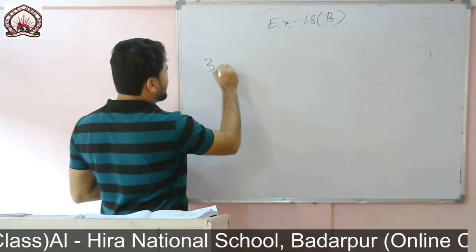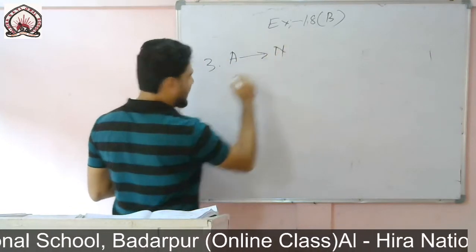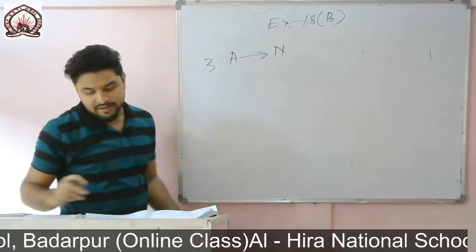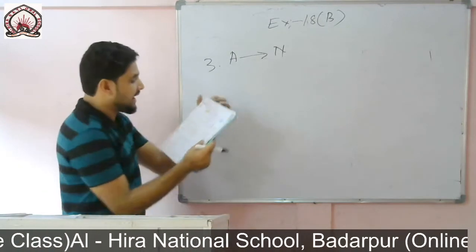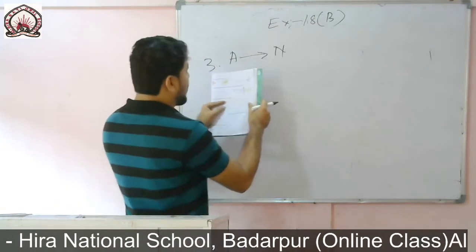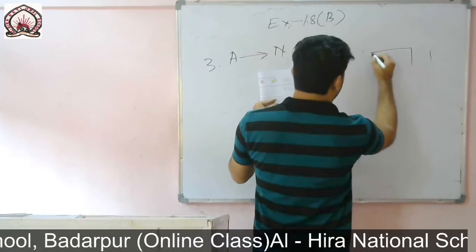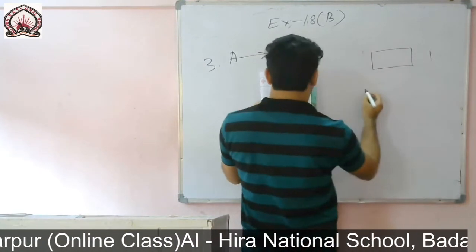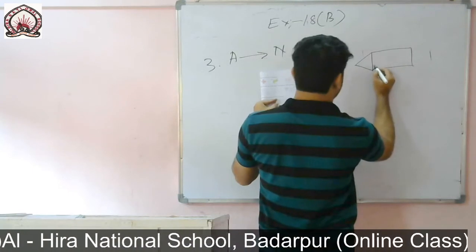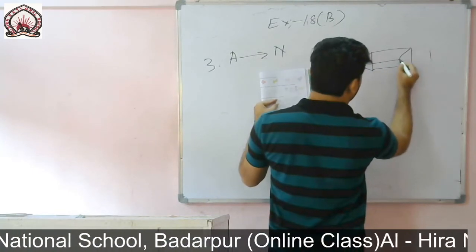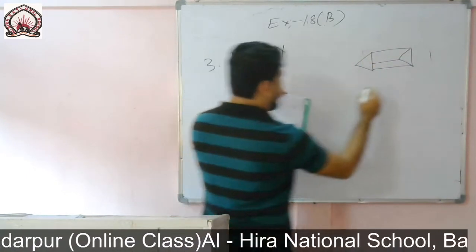A will be matched with N. Okay, B will be matched with what? O. The shape is like this. For these two triangular shapes, it will be like this.